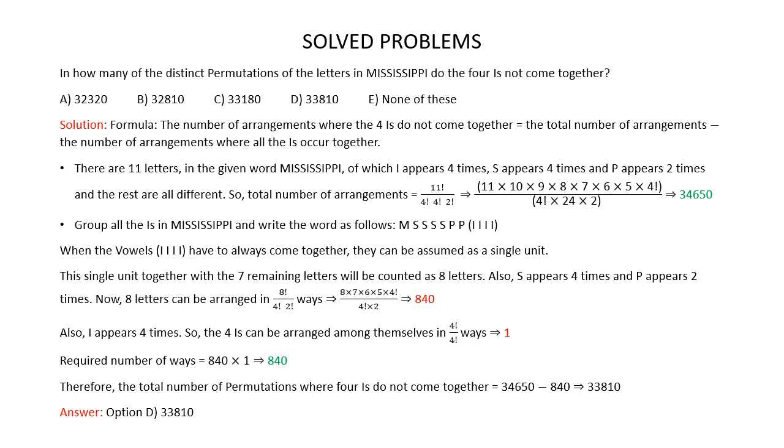So there are 33,810 distinct permutations of the letters in the word Mississippi where the 4 I's do not come together. So the correct answer is option D, 33,810.